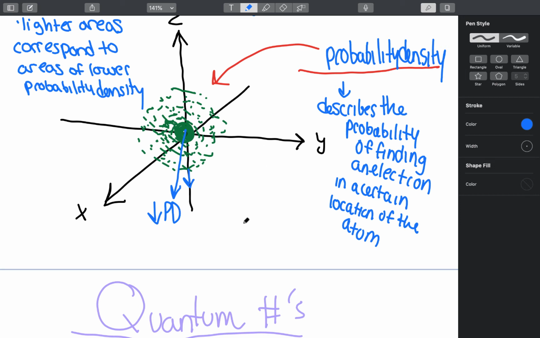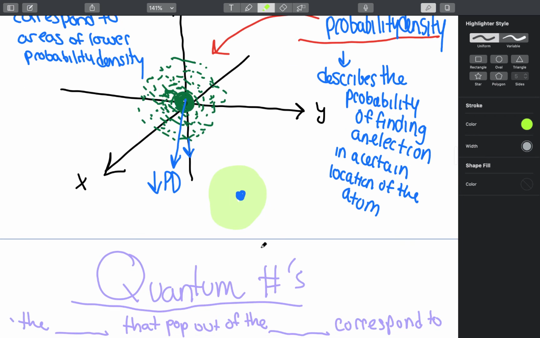Instead of saying that we know where an electron exactly is, we can map out the probability of the range of locations that an electron can occupy. So by saying we have a cloud of electrons, we're mapping out the probabilities of an electron occupying a certain space. That's why we say atoms have a cloud of electrons.